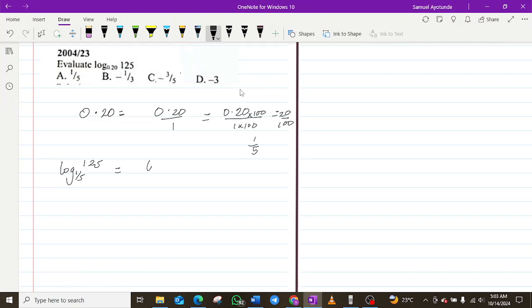So I will write log base 5 and another log base 5. The argument, which is 125, will be the numerator. The previous base will be our denominator. So I have 1 over 5. Let me write this better.